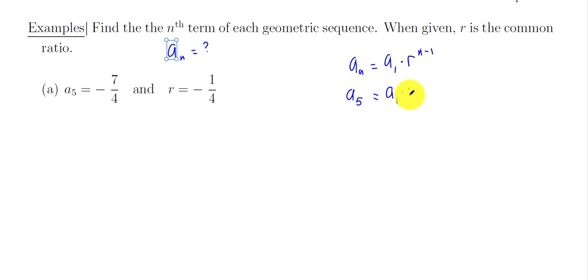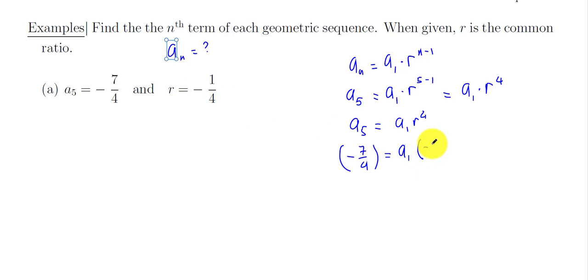So n minus 1 is 5 minus 1, which is 4, giving a_1 times r to the 4. I know that a_5 is minus 7 over 4. A_1 we don't know the value. We know r to be minus 1/4, to the 4 power.